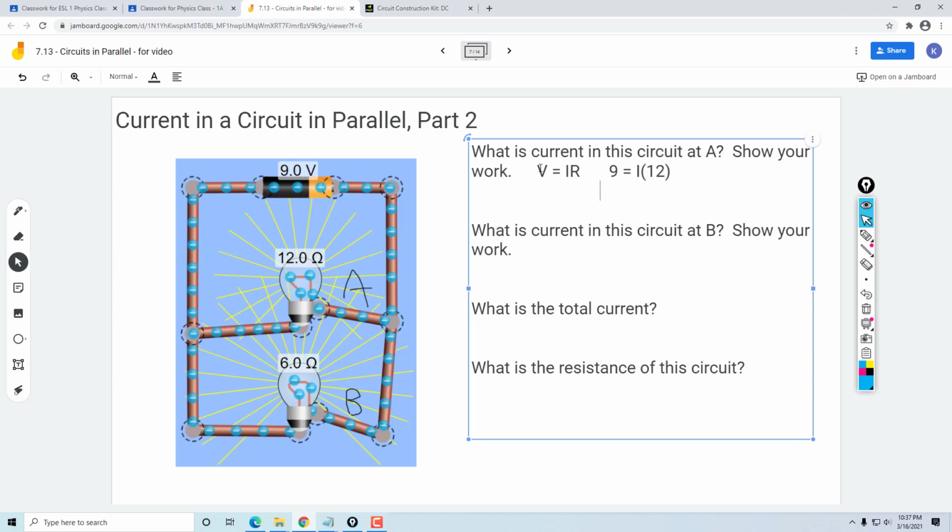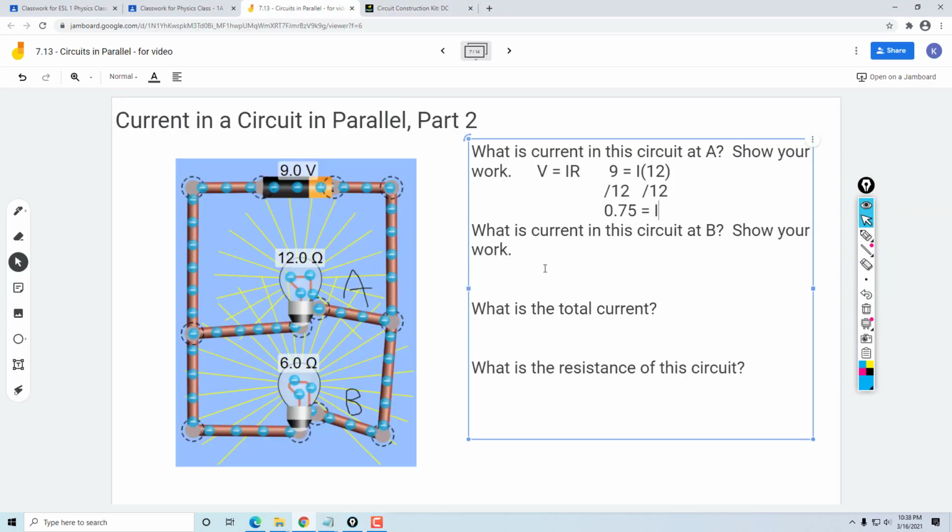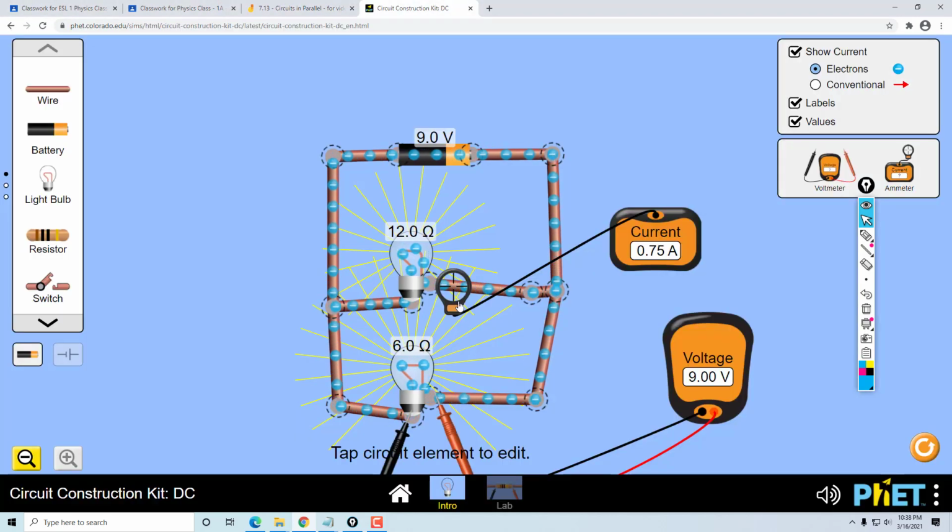Divide both sides by 12, and we get 0.75 is the current for A. Let's check to see if that's right. Yep, that's 0.75. For B, 6. Divide both sides by 12, and we see that 0.5 is the current, as we can see right here.